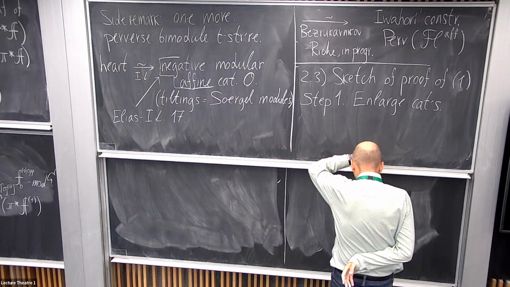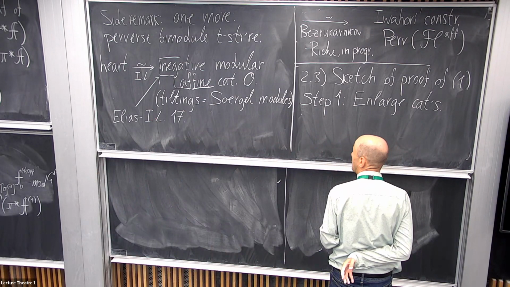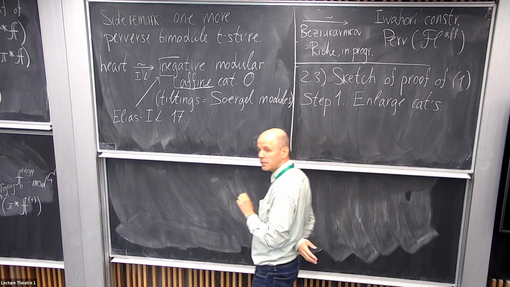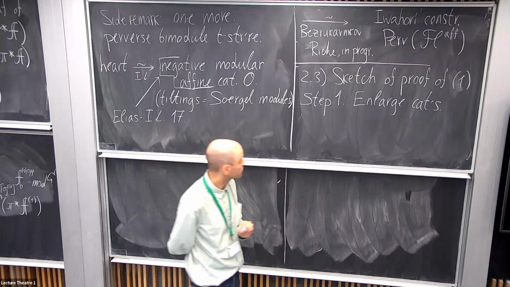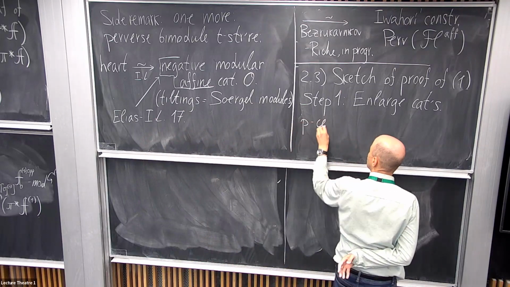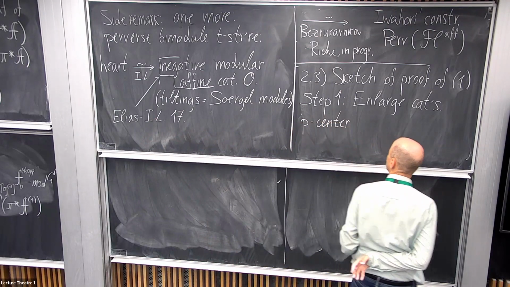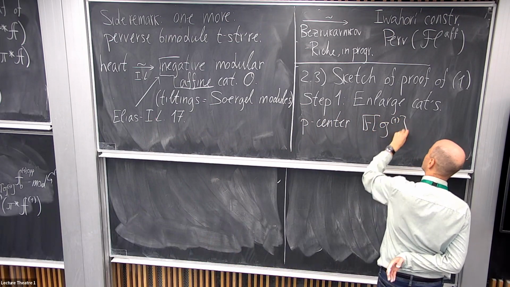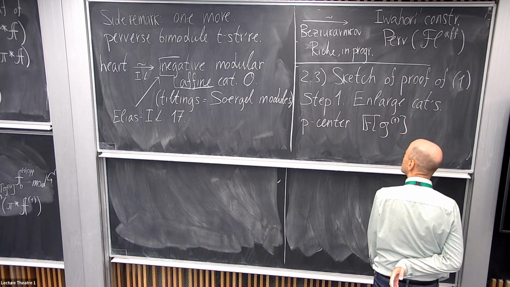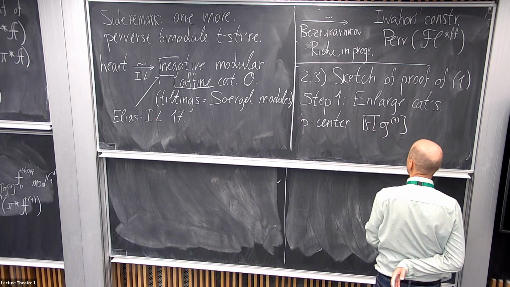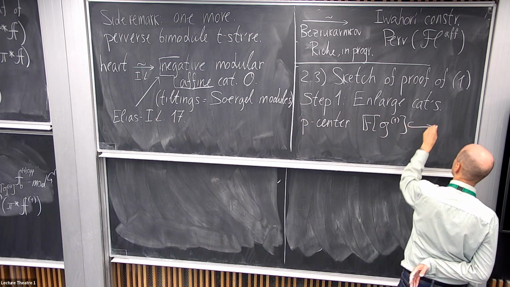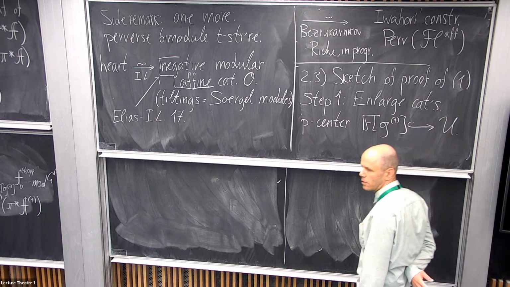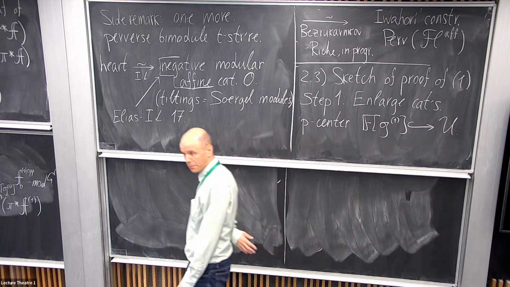So a classical fact about universal enveloping algebras in positive characteristic is that they have p-centers. Well, I completely ignored the difference between G and G dual. Let me continue with that. So the polynomials on g* twisted by 1 embed into the universal enveloping algebra as a central subalgebra.